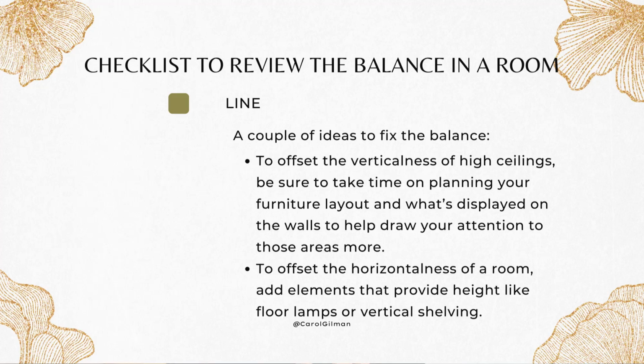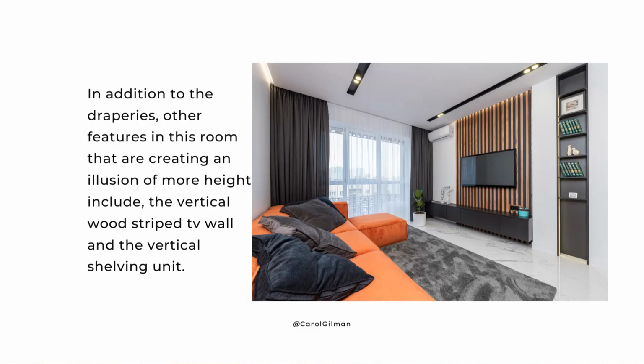It depends on what's going on specifically in your room. But one thing to think about is how can you change the direction of the line so that there is more of a balance to the room. One example would be a room where you want to have more vertical lines.